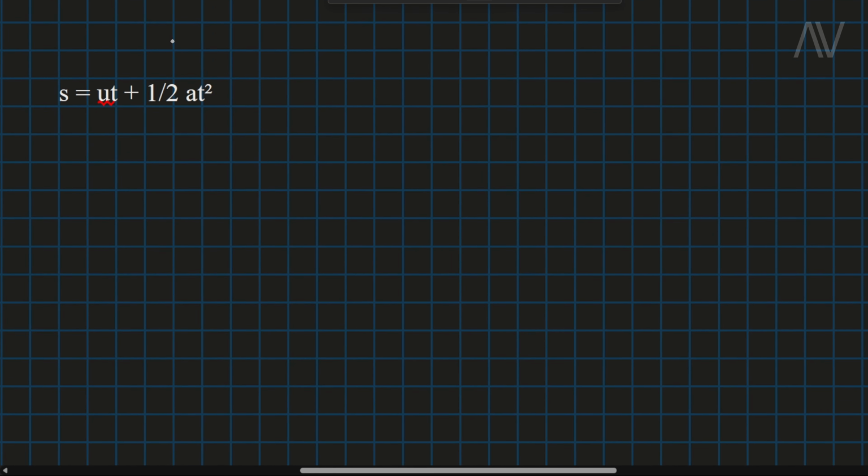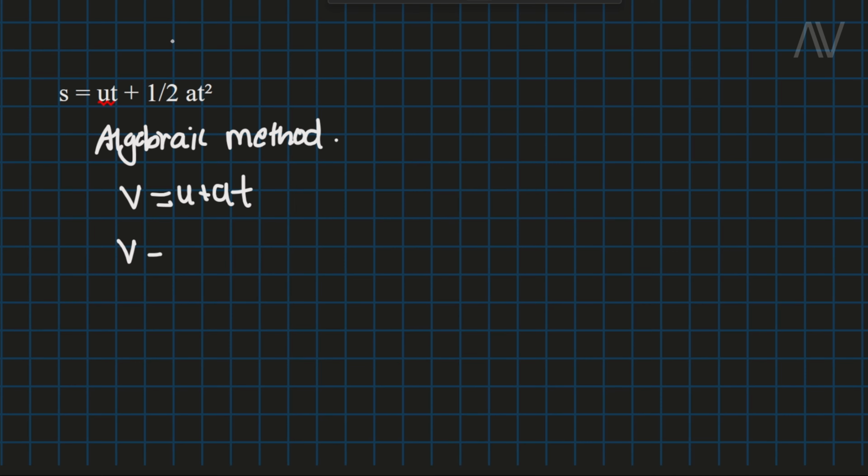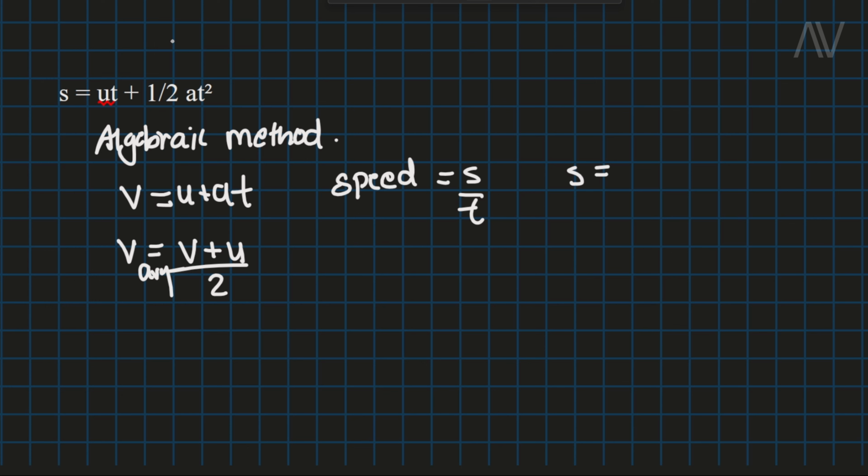Hence we get v is equal to u plus at. So now let us derive the second equation of motion by the algebraic method. Average speed is equal to (final plus initial) by 2. Similarly, we know that speed is equal to distance upon time, so distance will be equal to speed into time.